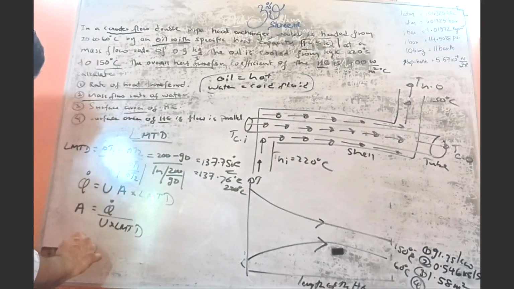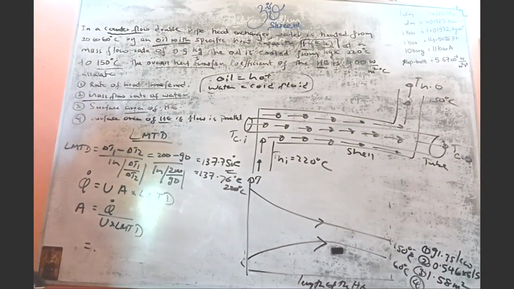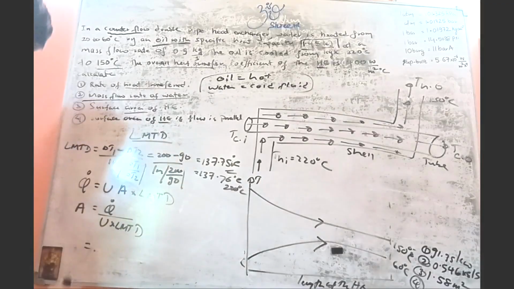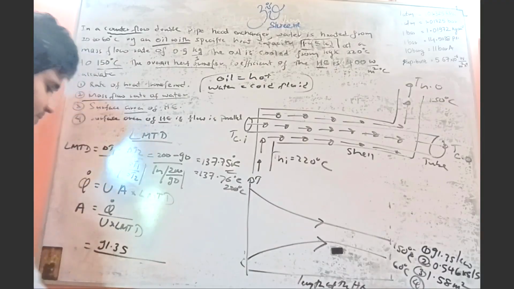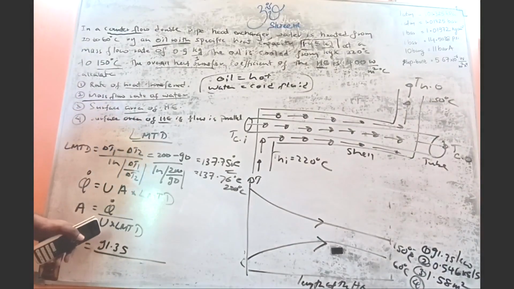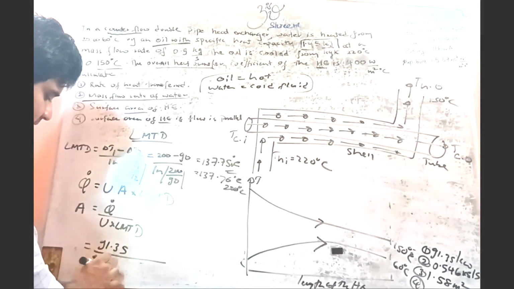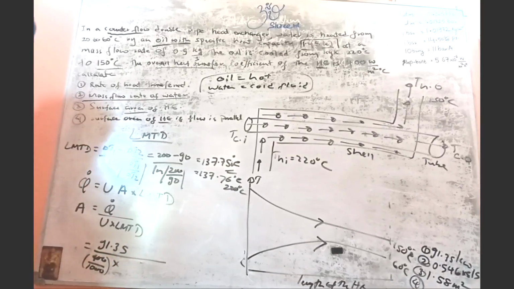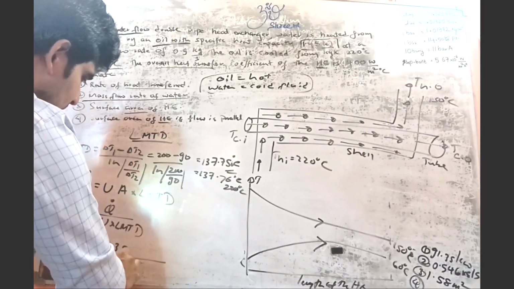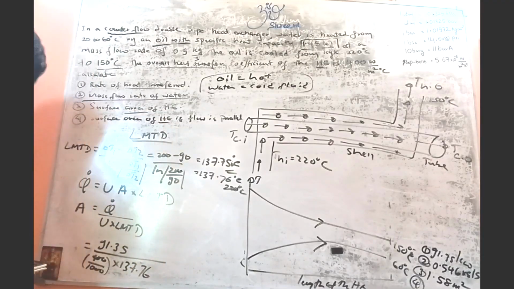How can we find the area? Q dot you already know, that is 91.35. What is the overall heat transfer coefficient? That is 400, so better write it as 400 divided by 1000, for the unit conversion. LMTD, how much? 137.76.